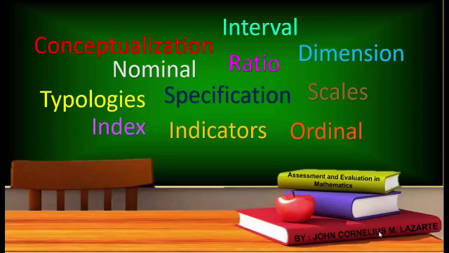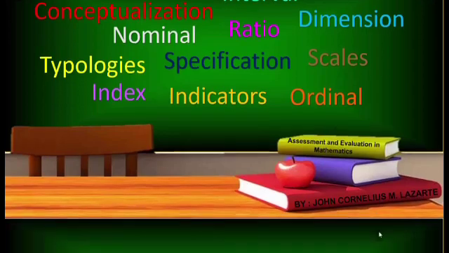And for the last, which is quantification tools, we have index, scales, and typologies. So, let us go on to see what these words mean and how they are related to the use of statistics in assessment.